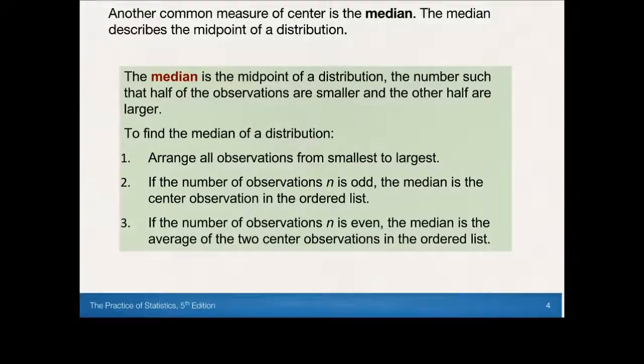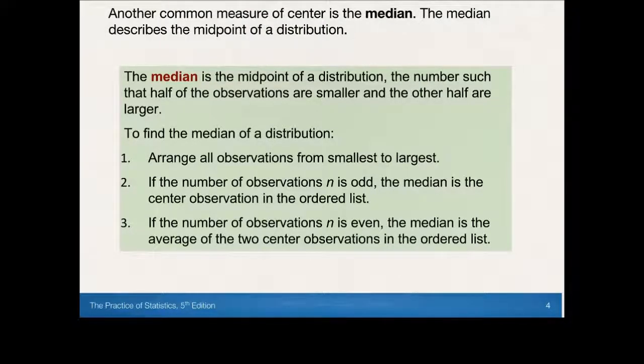Next, we're going to measure the median. I know you've done this before too. This is another common measure of center. The median describes the midpoint of the distribution, so straight up, the middle of the numbers. The median is the number such that half of the observations are smaller and the other half are larger.